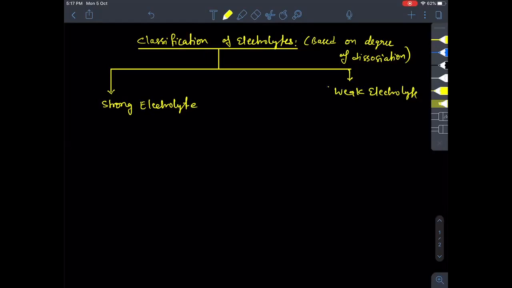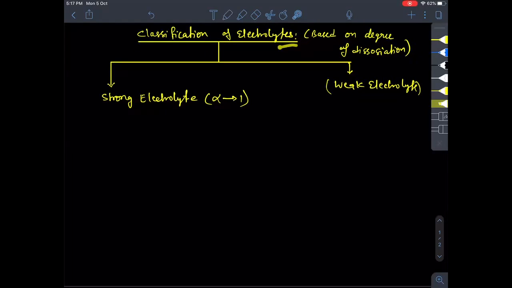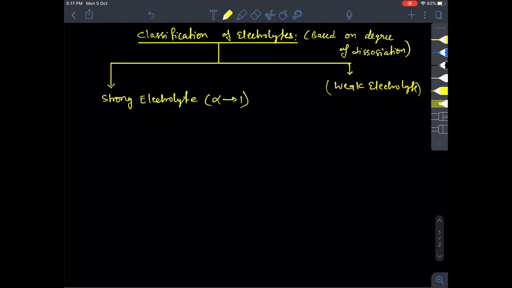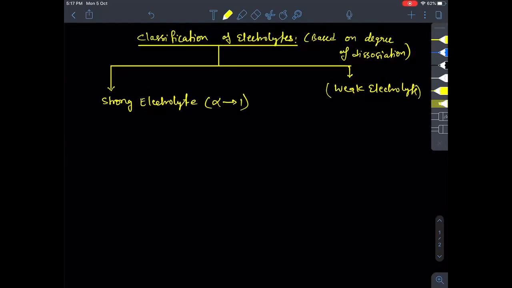The moment I am using the word strong electrolyte, which means the degree of dissociation is very close to 1. So it is understood that for weak electrolyte, the degree of dissociation will be quite less than 1. तो ये ध्यान रखना है, and accordingly you have to think. So strong electrolyte tending to 1, weak electrolyte much less than 1.